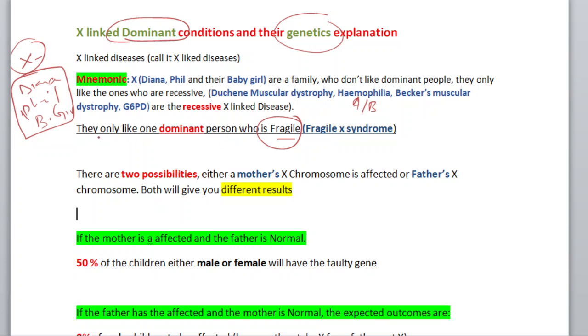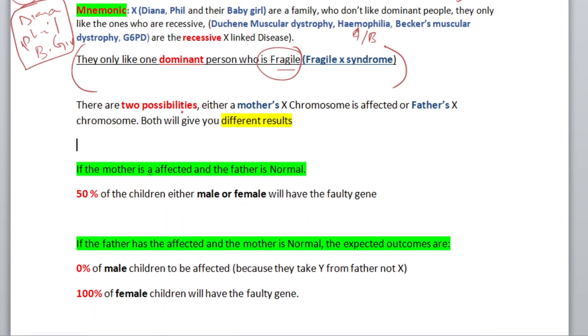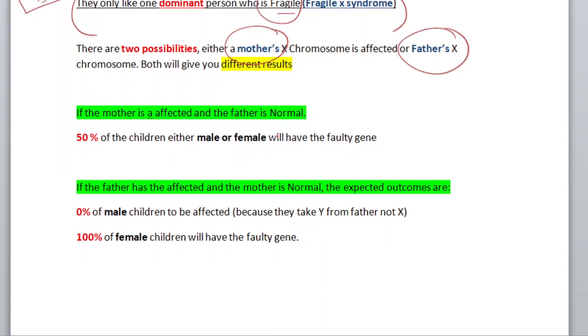So today we will only be talking about this syndrome, fragile X syndrome, because the other one I already covered. There are two possibilities: either the mother's X chromosome is affected or the father's X chromosome is affected. Both will give you different results. This is very important. You need to find out whose X chromosome is being hit by the mutation.